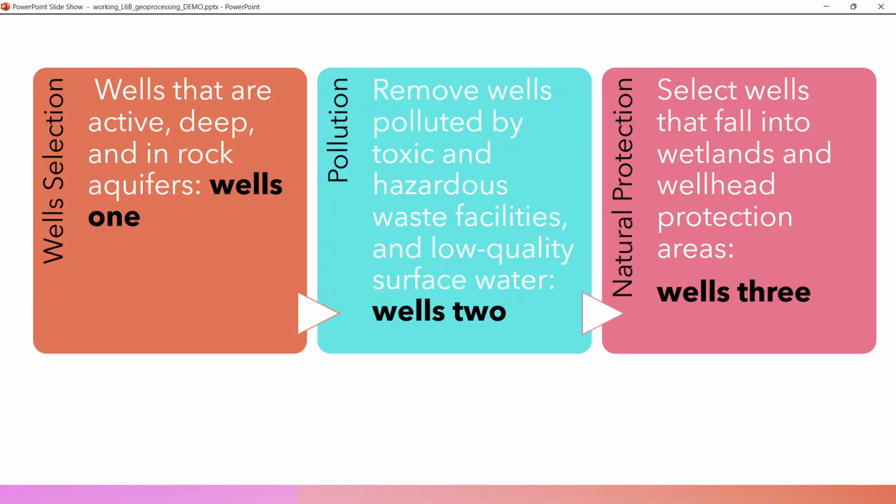Finally, we are going to look at natural protection. That is, we will build another large zone that will combine wetlands and wellhead protection areas. Wellhead protection areas are essentially regulated areas that have an objective of protecting drinking water from wells.